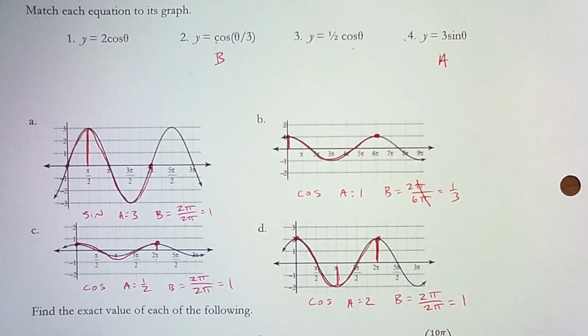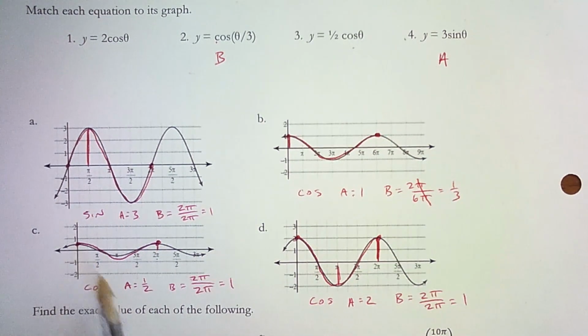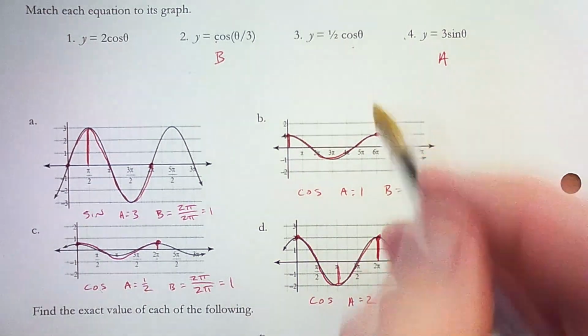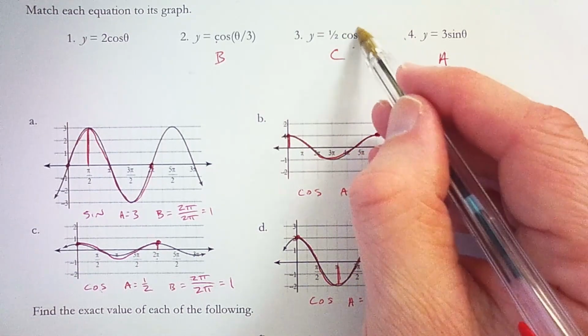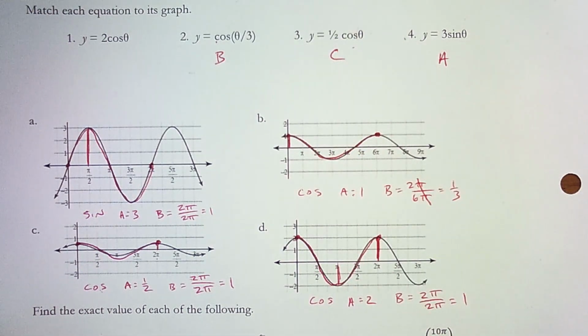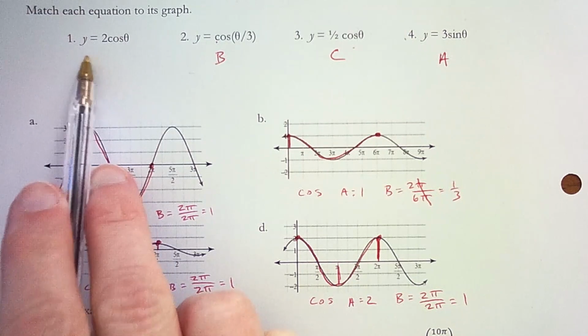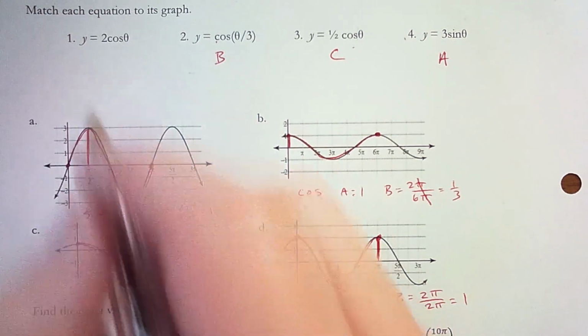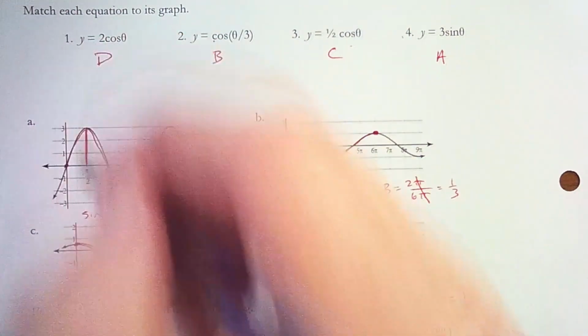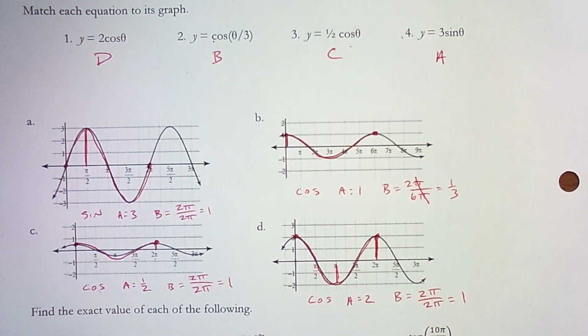So number 2 is B. C is cosine with an amplitude of 1/2, and b is 1, so C is right here. Amplitude of 1/2, b is 1. And that means this must be D. We've got amplitude, it's cosine, amplitude is 2, and b is 1, so that is D.